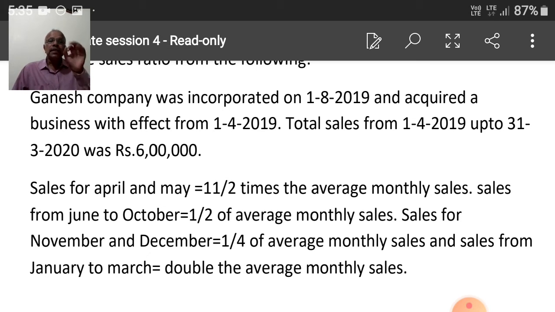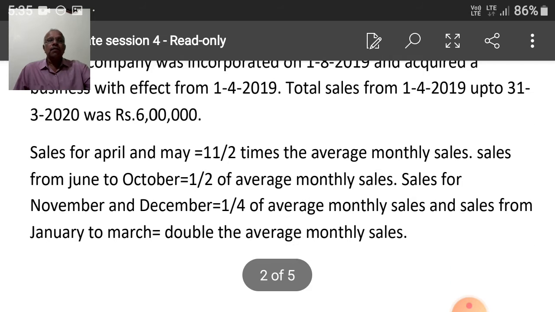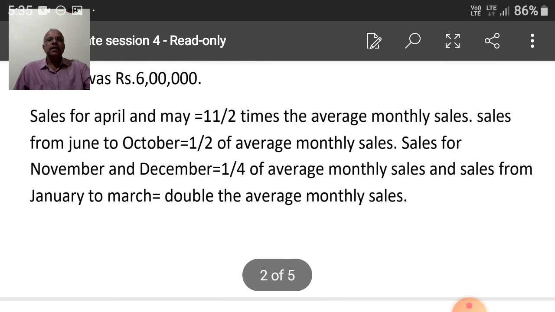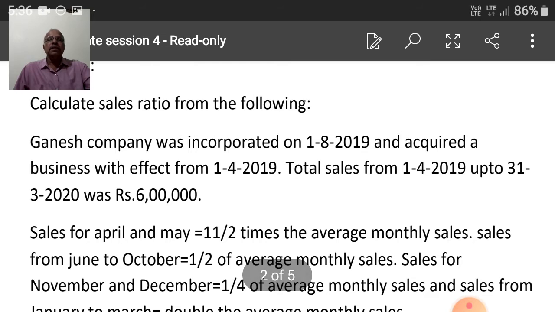Sales for November and December are 1/4 of the average monthly sales. And sales from January to March are double the average monthly sales.